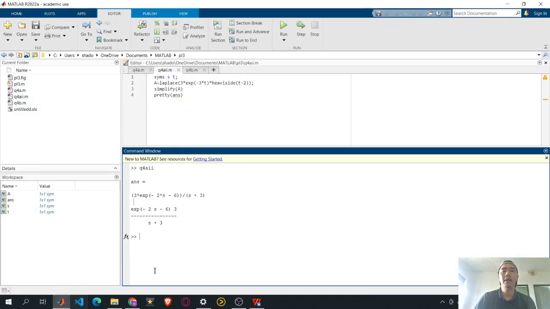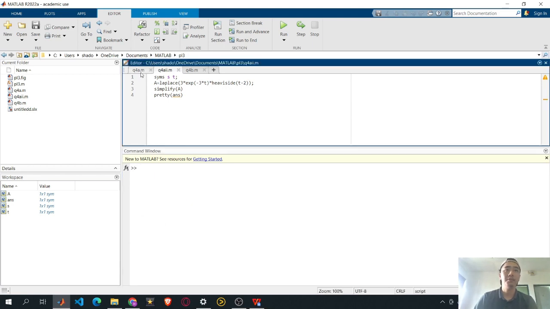And then for the MATLAB simulation, for question 4a, we just need to declare syms s and t because it's Laplace. It uses t and the answer usually has s. So Laplace, this is the equation: 2 times exponent power of negative 3 times t, times sine 4 times t.